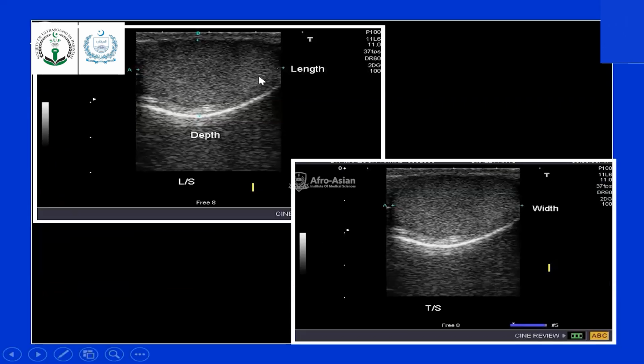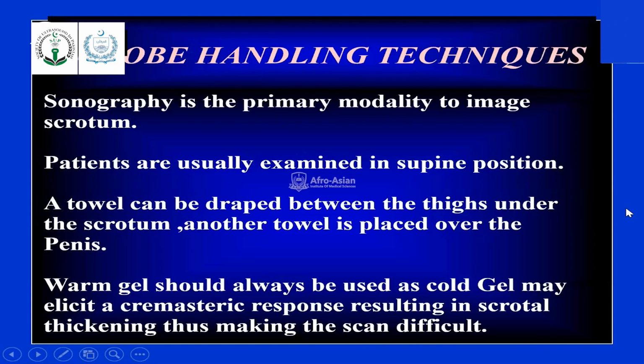This is the testicle, the length and depth. This is the width. On a longitudinal scan we can measure the length and depth, and then we take a transverse scan at the maximum area and measure the width in this direction.